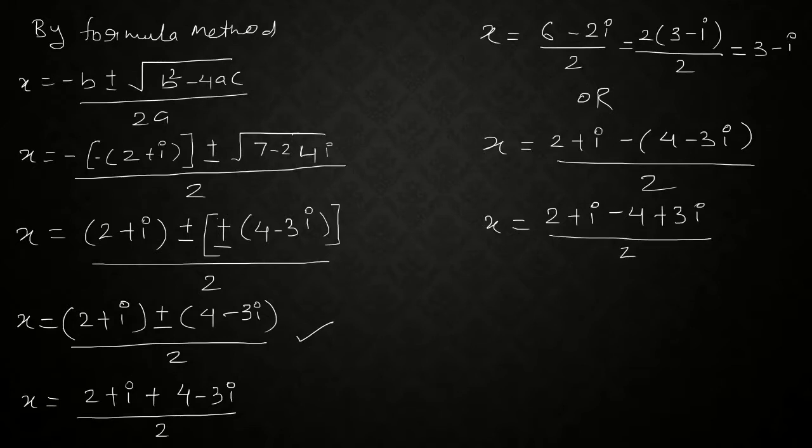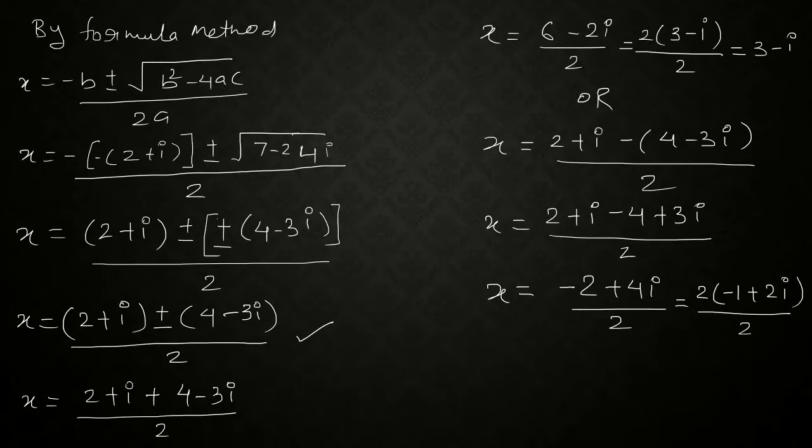So x is 2 minus 4, which gives minus 2, plus 4i, whole divided by 2. Again we can take 2 common from here. After taking 2 common, we get minus 1 plus 2i, whole divided by 2. So numerator and denominator cancel, and we obtain x equal to minus 1 plus 2i.